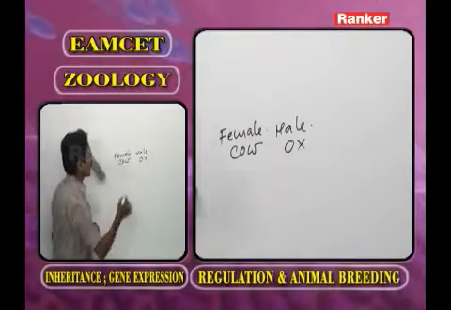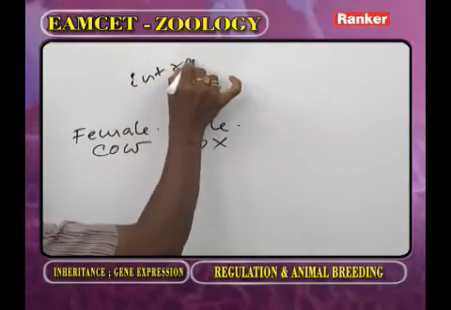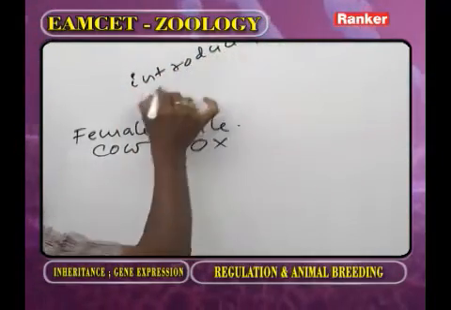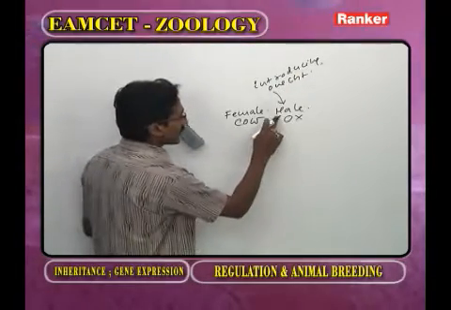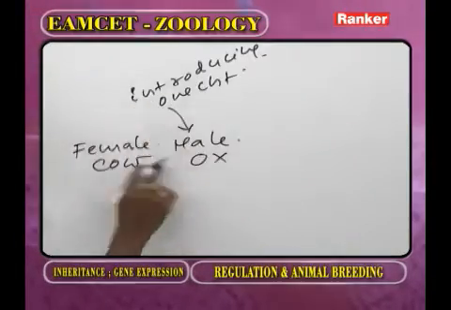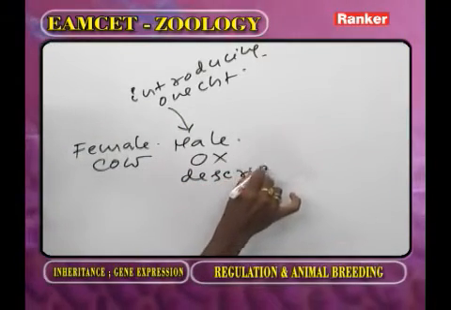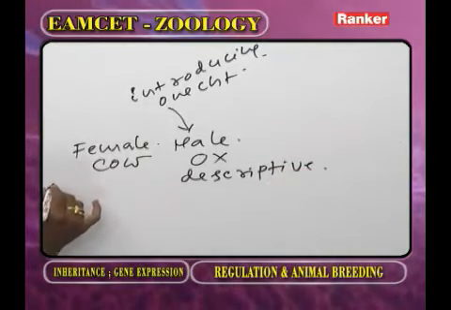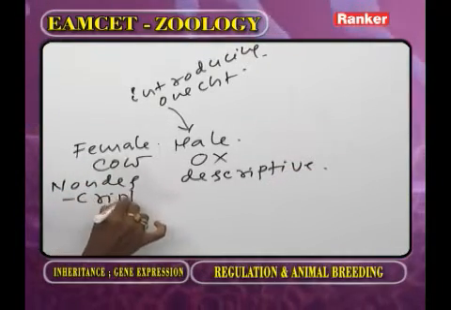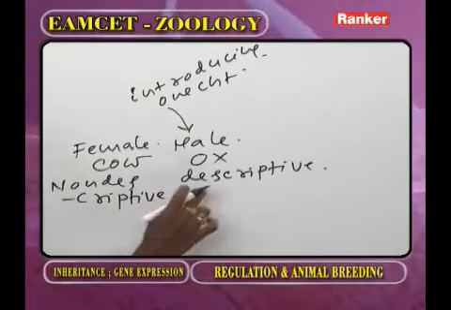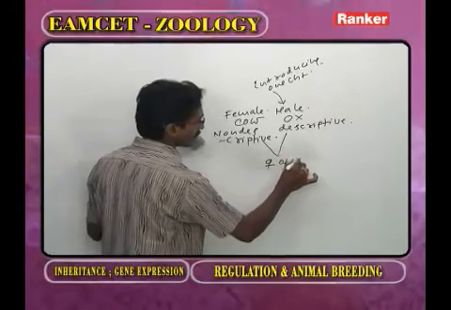Now in this male animal we are introducing one character. Now this male is called descriptive. Now the female is said to be non-descriptive. Now this male and female are crossed. We are getting a female offspring.